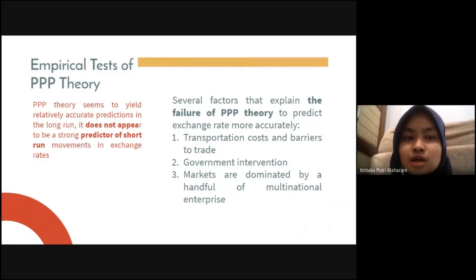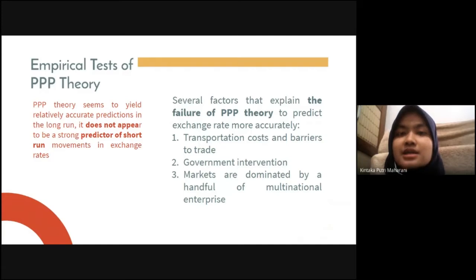The first one is that triple P theory assumes that transportation costs and barriers to trade are zero. But in practice, these factors are significant and they tend to create a significant price differential between countries.